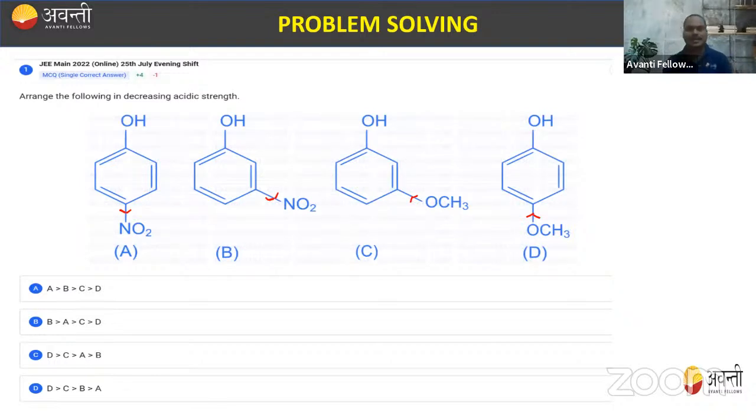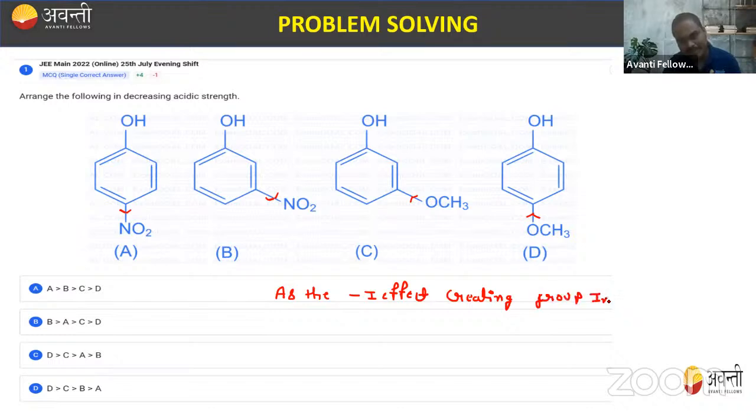The important thing is, as the minus I effect creating group increases, क्या होगा बताओ?